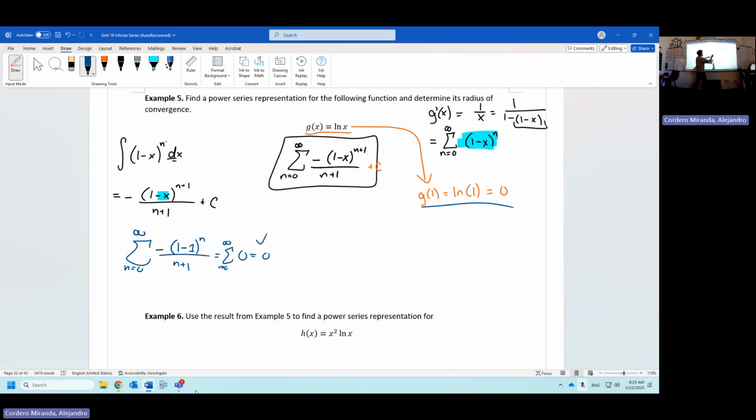So this plus C would be like 0 plus C needs to equal 0, meaning that C would be 0.